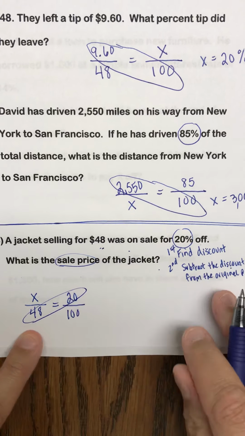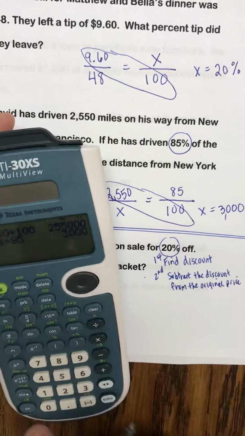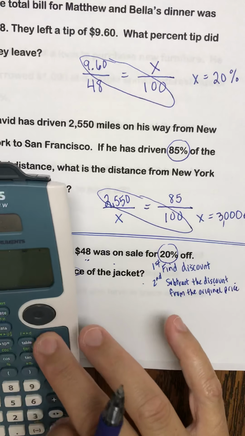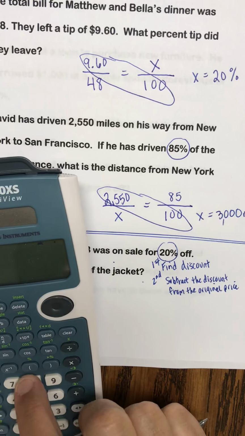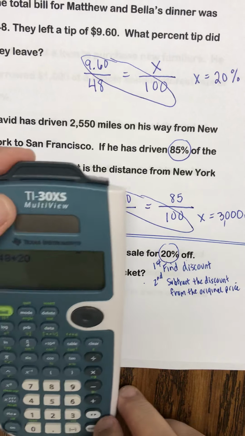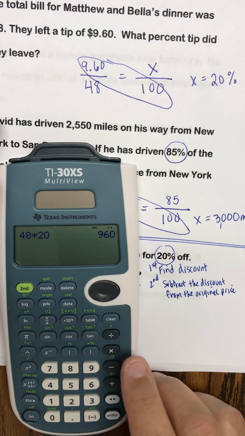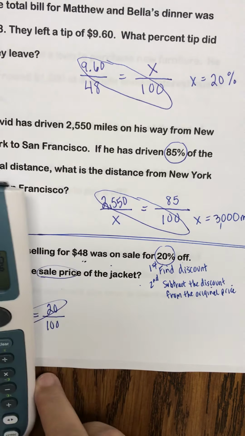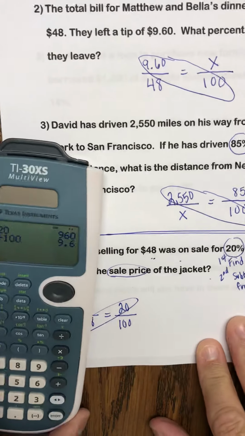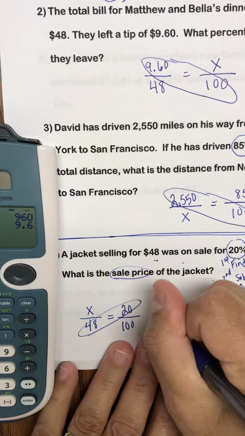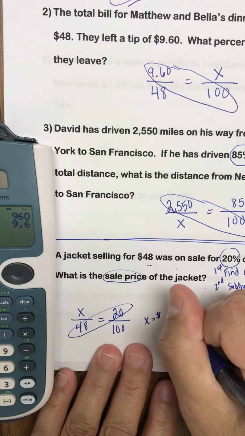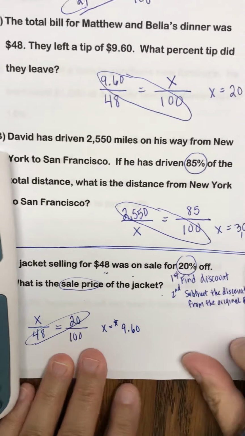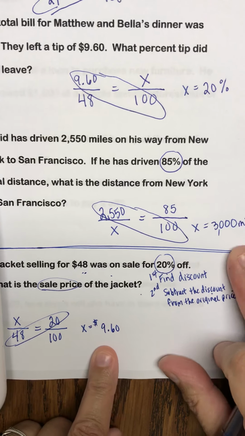I'm going to cross multiply and divide. 48 times 20, and then divide that by 100. And the discount says 9.6, but in money, that's $9.60. So this is my discount.